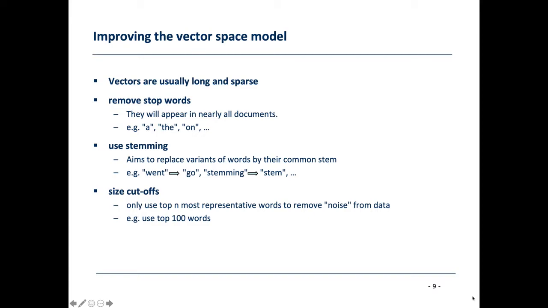Because we don't want these vector spaces to have too high a dimension, or if we do, then of course we could project them into a lower dimension using singular value decomposition. We would choose possibly to cut off the use of those representative words at some value of n.